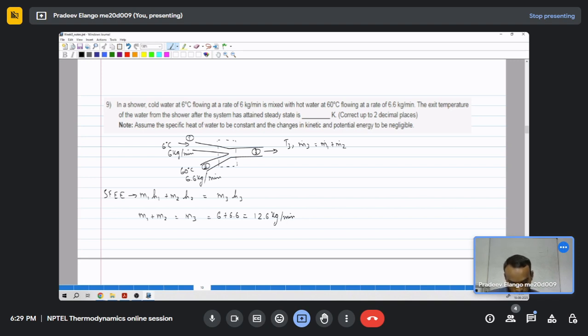Now writing the steady flow energy equation, we have m1 Cp T1 plus m2 Cp T2 is equal to m3 Cp T3. So all the Cp's will get cancelled, and so we will be left with m1 T1 plus m2 T2 is equal to m3 T3.